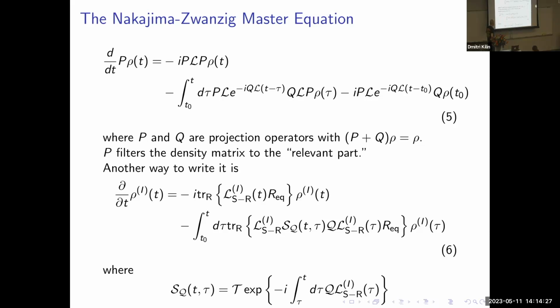The nice thing about this one is that it's formally exact. This is infinite order perturbation theory is how you get to this, where this is a time ordering operator. The problem is that for any practical system, you usually can't solve this. And that's pretty much it.